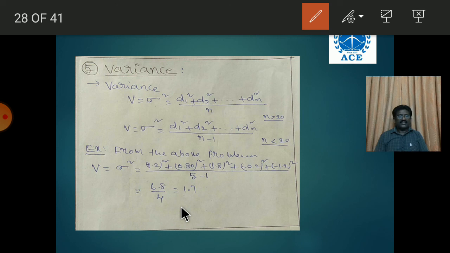So then you will get our variance V is equal to 1.7. So actually all five are ways to calculate random errors. By using the statistical approaches, you can identify the random errors. So easily you can solve these problems.